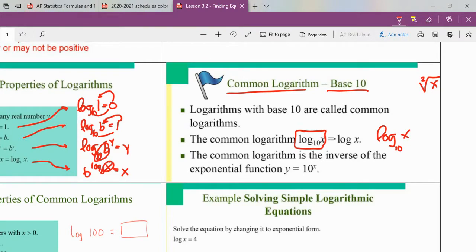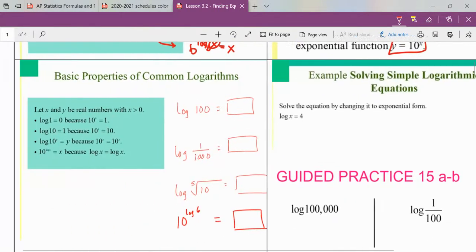And again, if we did the looping method here, we could say 10 to the y equals x. Or if I switch these letters around a little bit, it'll be the same thing right here: y equals 10 to the x. Okay.